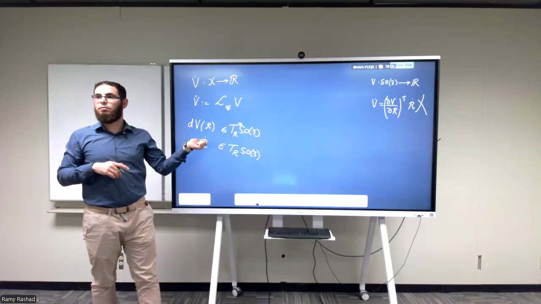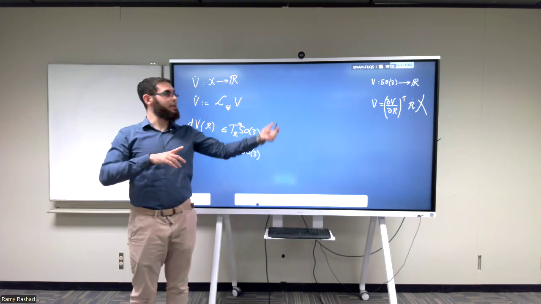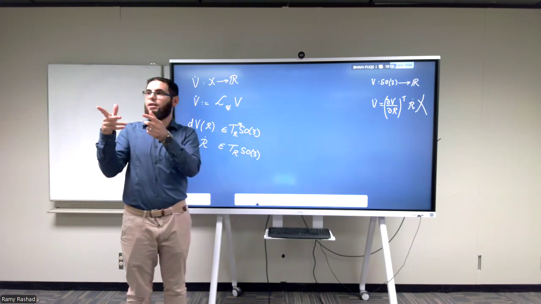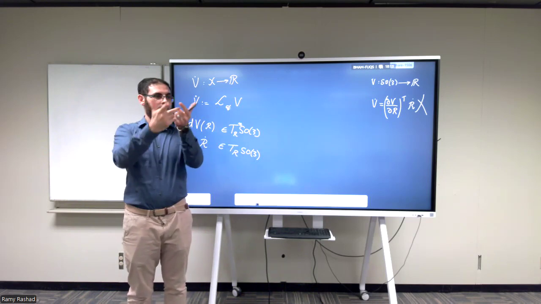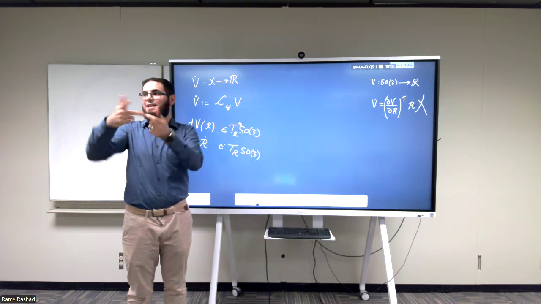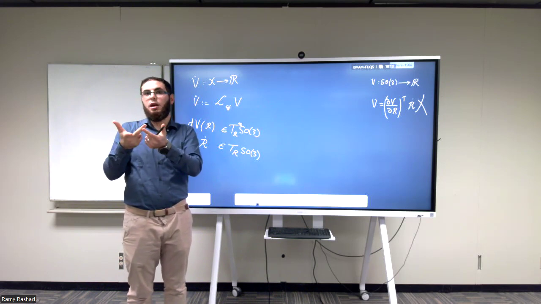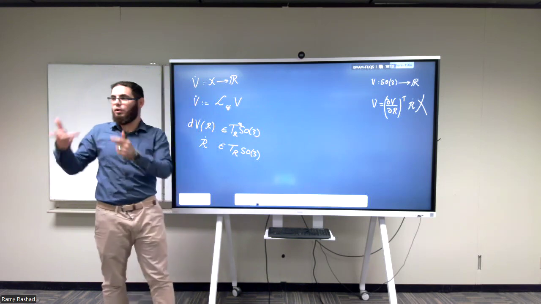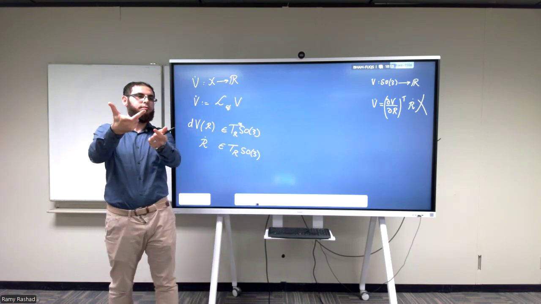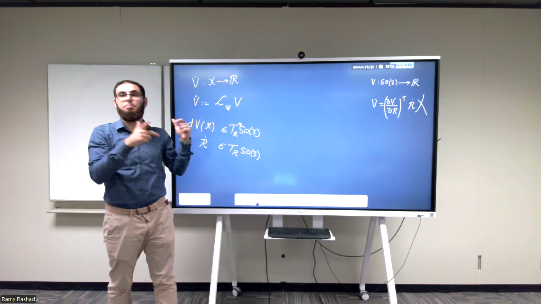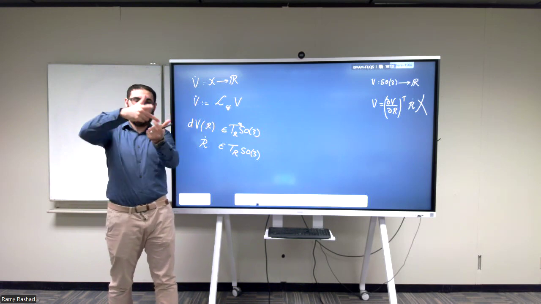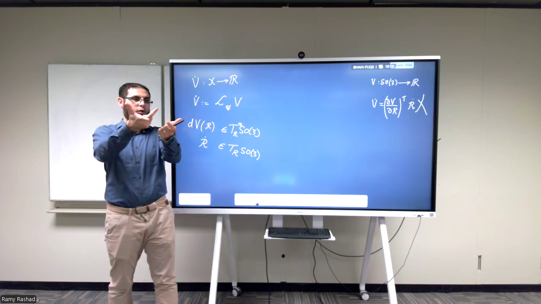Why is this useful? We're going to be using this idea to study not only the stability of a system that lives on rotation matrices, but also to design a controller that will take one orientation to the other. Okay, and we're going to be looking at a PD controller that would take some orientation and bring you to another orientation.